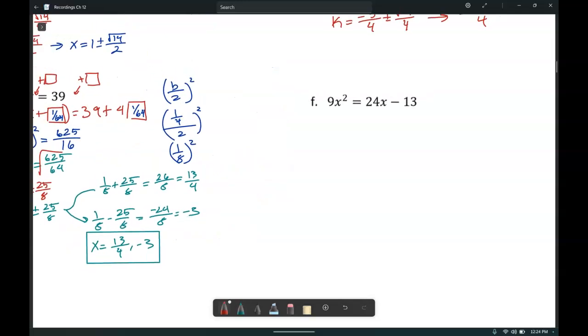Lastly, here the x terms are on the wrong side, so we need to move them over. Minus 24x with our box, negative 13 plus the box. Factor out the 9. 24 divided by 9 reduces to be 8/3.